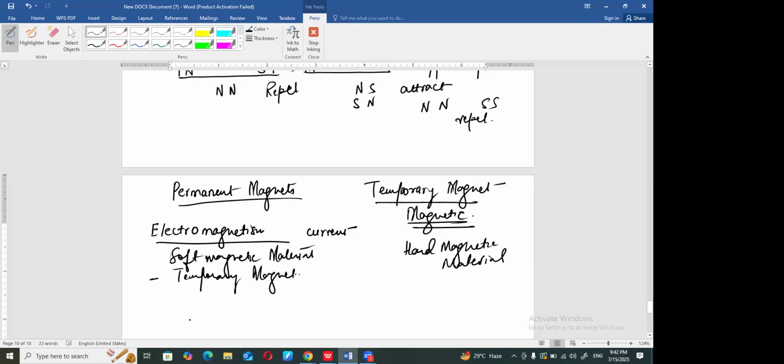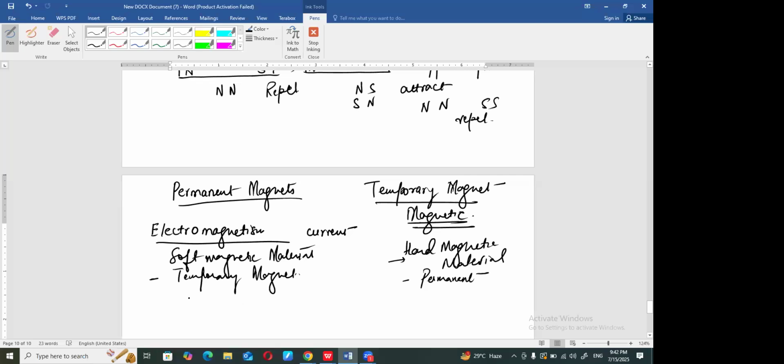Once you remove the electricity, they turn back into simple magnetic material. As far as hard magnetic materials are concerned, they have a tendency to become permanent magnets. Once the current passes through them, they turn into magnets, and once the current is removed, they remain magnets.